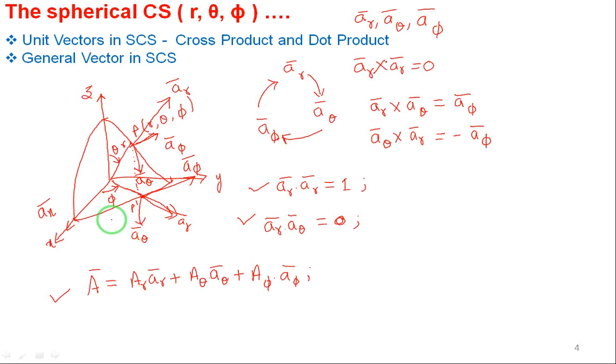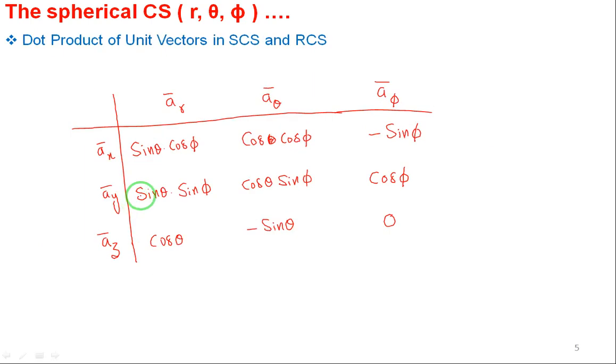It is sin theta cos phi, using the geometry. But blindly how to fill up, that also I told you. So this is the dot product of unit vectors in spherical coordinate system and rectangular coordinate system.